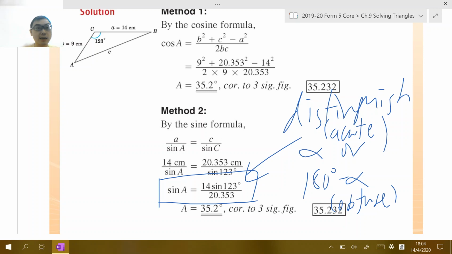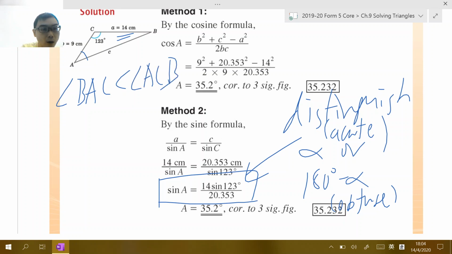For example, if I say this angle A here corresponds to 14 cm, then when you compare with C, you should understand that the angle BAC is less than the angle ACB.